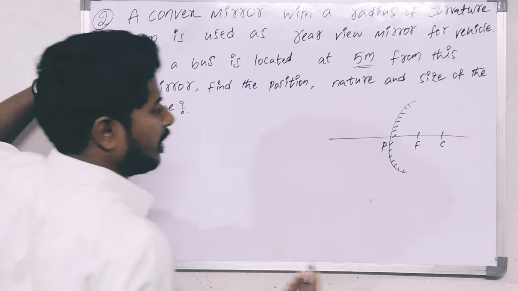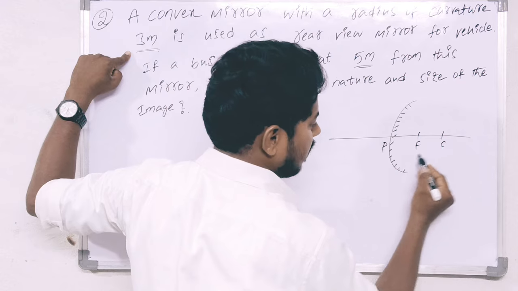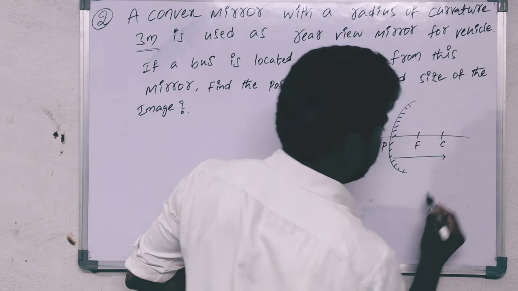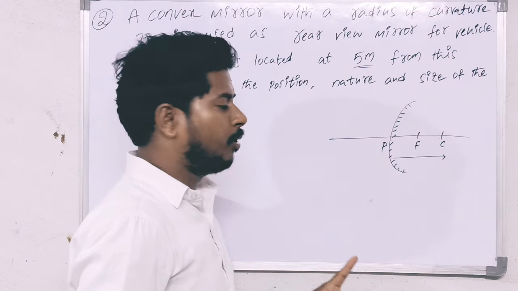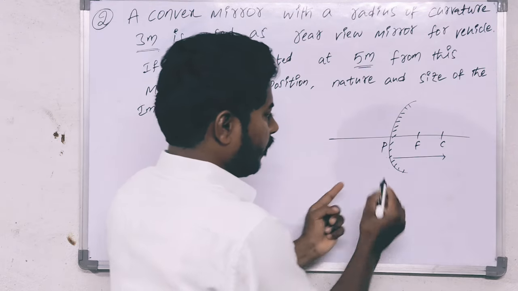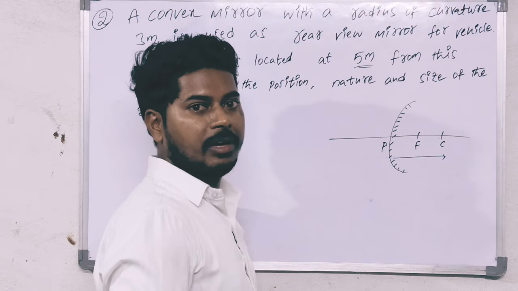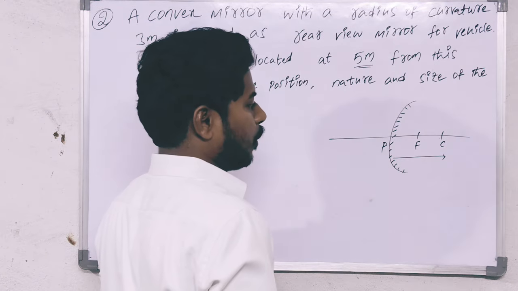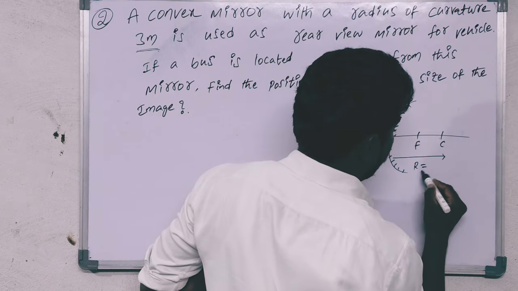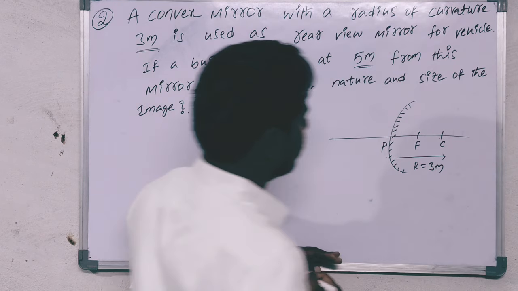The radius of curvature is the distance of the center of curvature from the mirror. So every distance should be measured from the mirror. That's why I have taken from the mirror to the center of curvature, the direction of the arrow towards right. So R equals 3 meters.